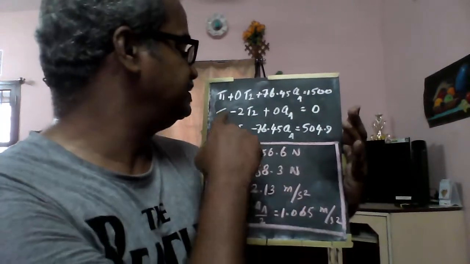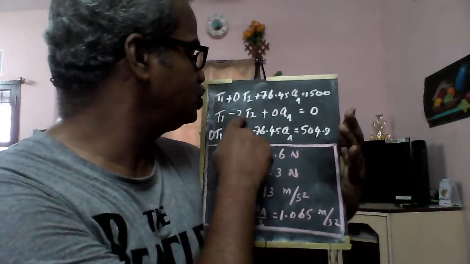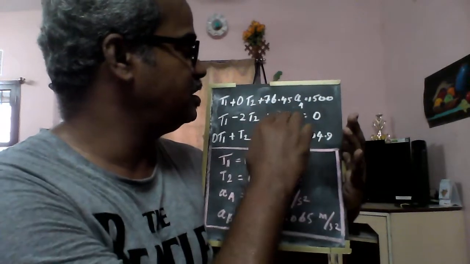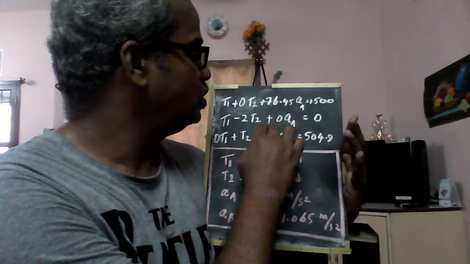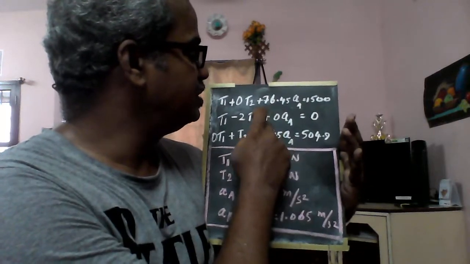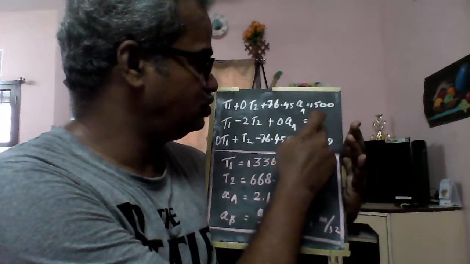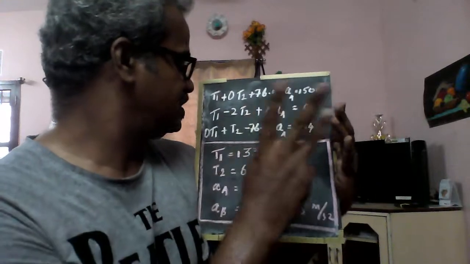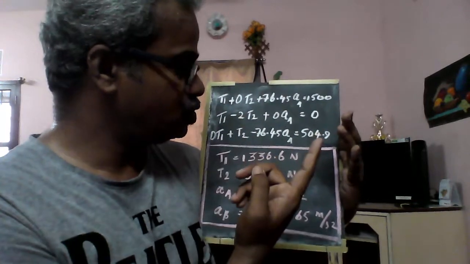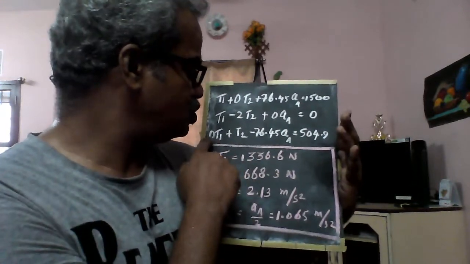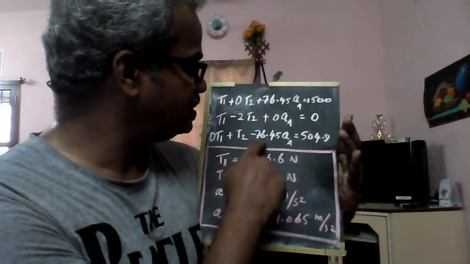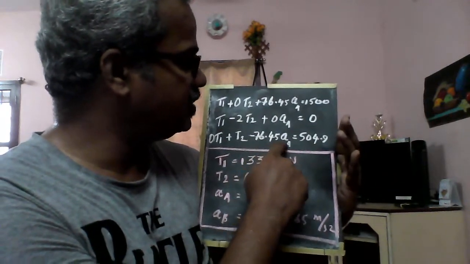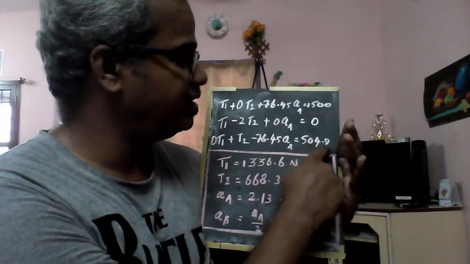Second equation, T1 minus 2T2 equal to 0, and AA will be 0 here, that is 0 AA equal to 0. Third equation, there is no T1, so 0 T1 plus T2 minus 76.45 AA is equal to 504.9.